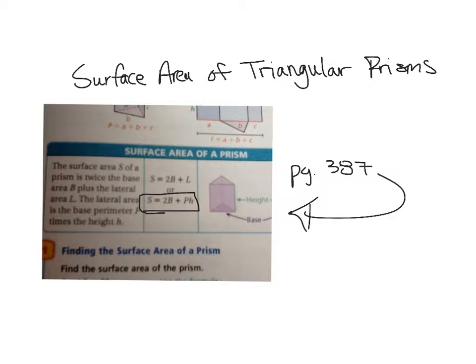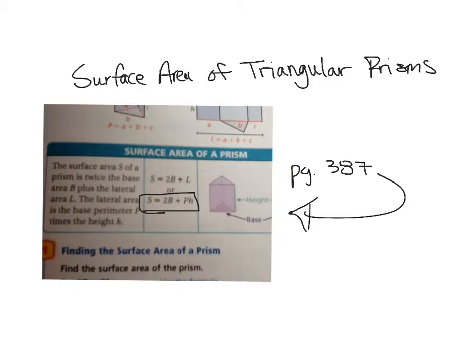You can also use that formula for rectangular prisms, but I think how you were taught, finding the area of a rectangle, multiplying it by 2, and then the second, multiplying by 2 and the third, and then adding them, is a little bit easier. So we're just going to keep going with that for that one.